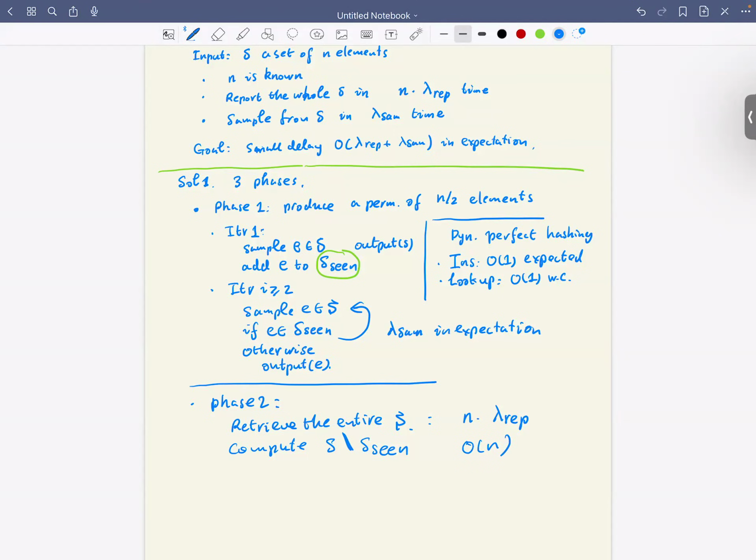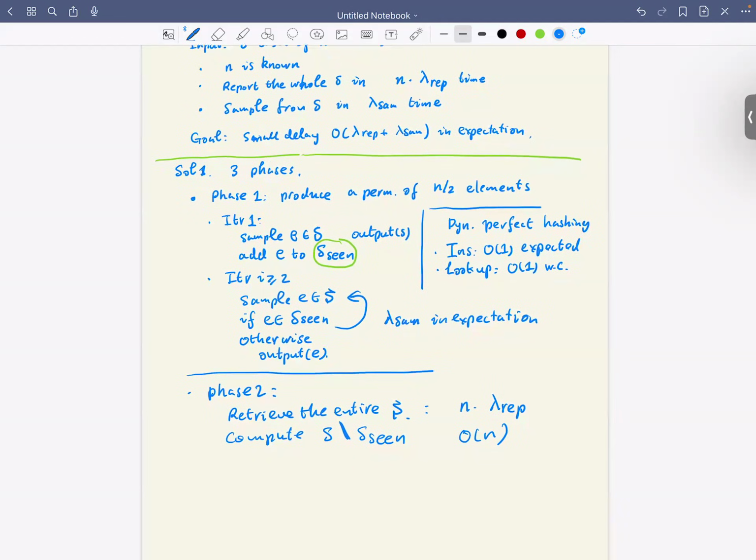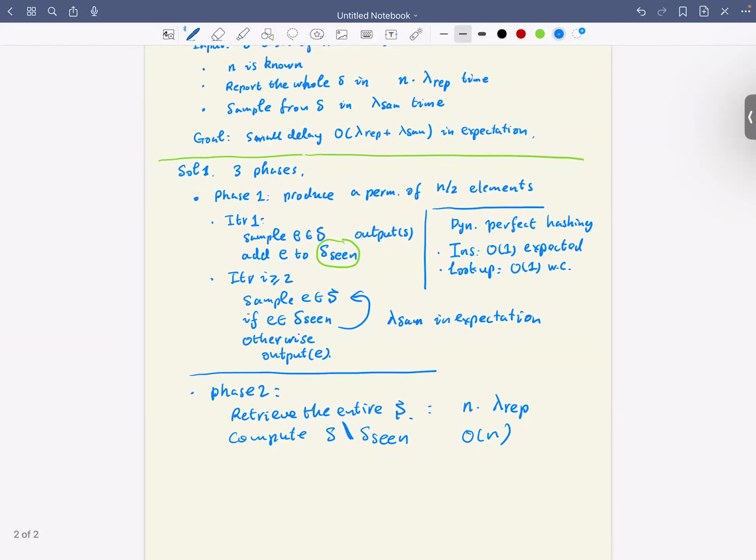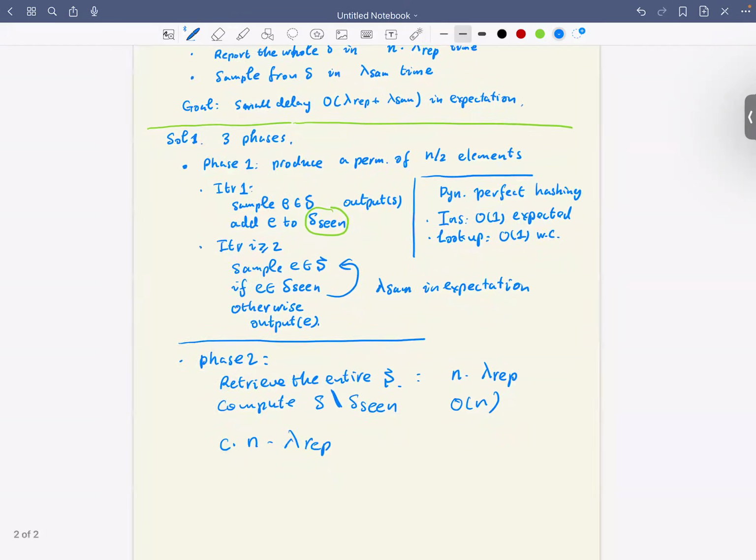So if you look at phase 2 as a whole, it will run in c times n times lambda rep for some constant c, which I know definitely exists, even though I don't need to solve it, for every black box algorithm.